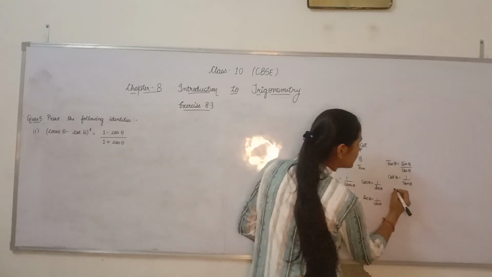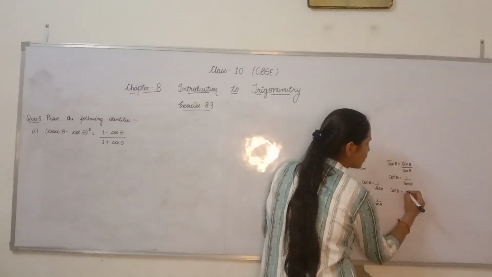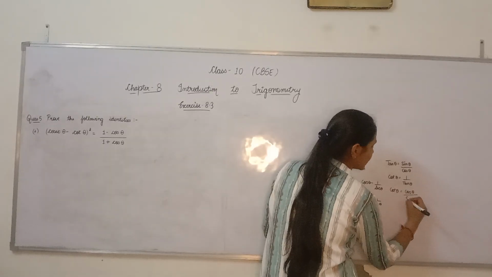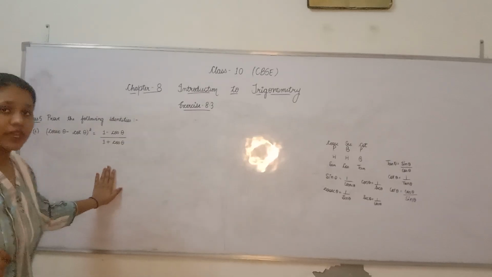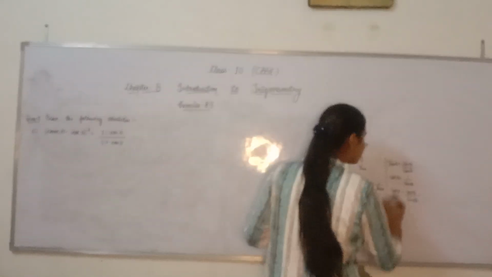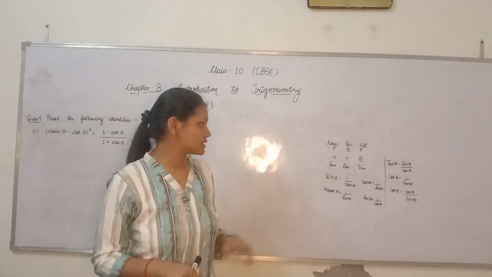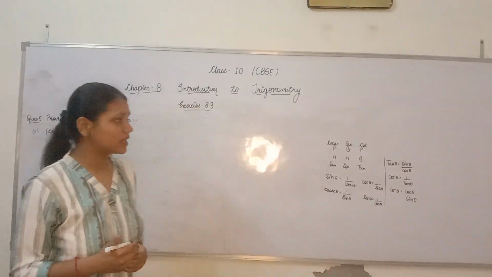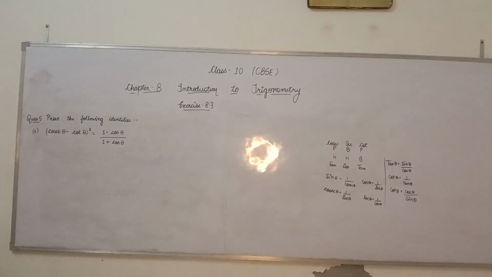So we can write cot theta is cos theta upon sin theta. Before doing this question, we have to know all these reciprocals of these trigonometric terms. Sin theta should be written as 1 upon cosecant theta, and cot theta should be written as cos theta upon sin theta, and tan theta should be written like sin theta upon cos theta.